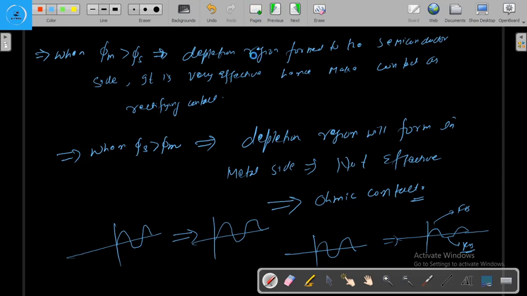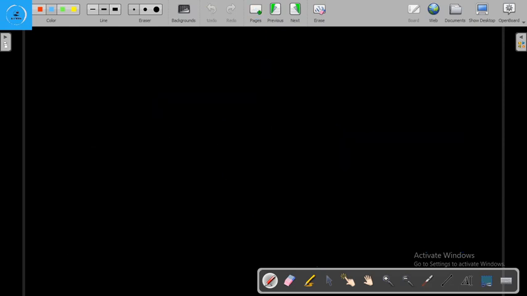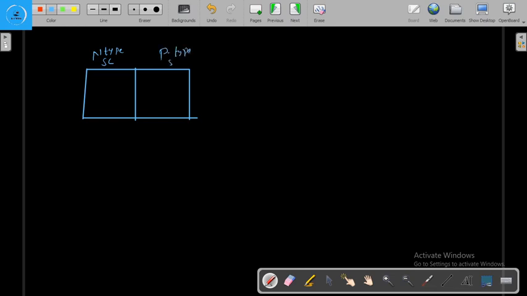Now for the GATE or ESE exam, we have to remember only two things. This is the n-type semiconductor, this is the p-type semiconductor, and this is the metal.